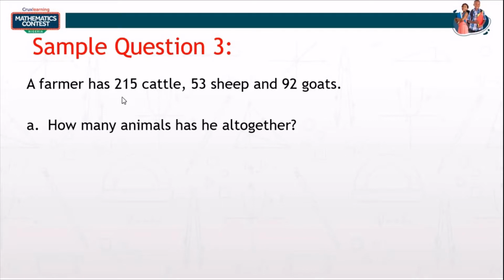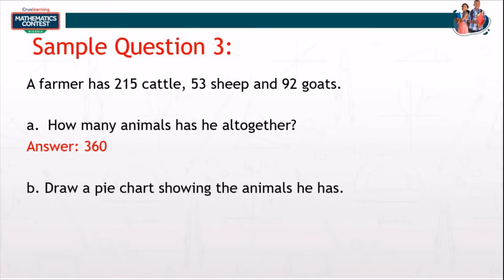What we are going to do is add 215 plus 53 plus 92, and that will give us the total number of animals in the farm, and that gives us 360. So the farmer has 360 animals.